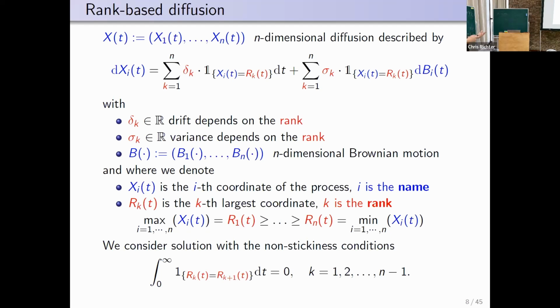And so we can describe some process where the drift and the covariance depend on the rank. And I will not focus on it, but we consider the non-stickiness condition. That means that there is no time when two particles collide, the time is 0.